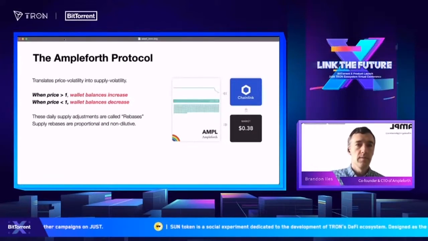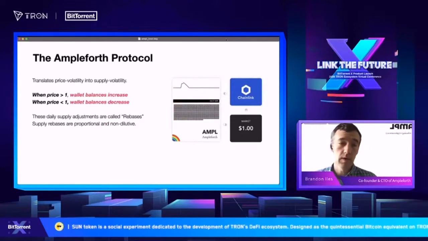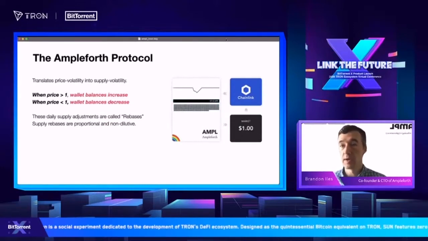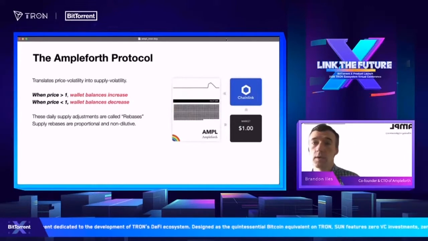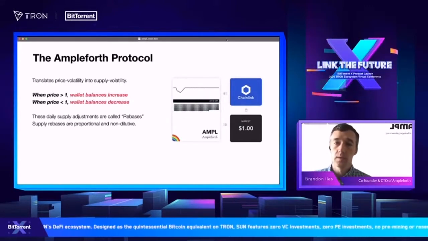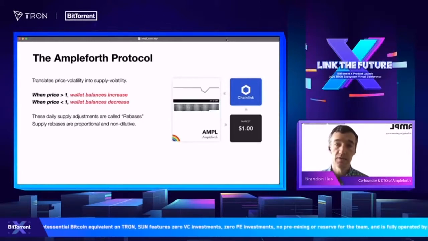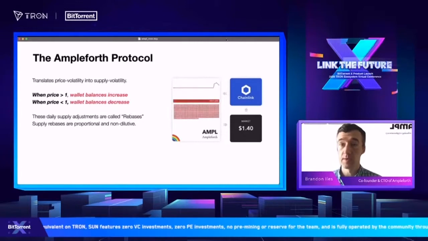The Ampleforth Protocol is defined by the supply policy that takes market information through an Oracle system, and we're partnered with Chainlink to get this market data. Every day, up to once per day, the supply can change. We call this the rebase operation.